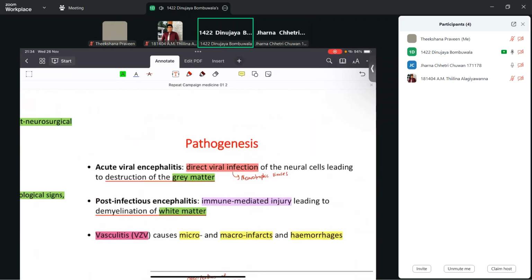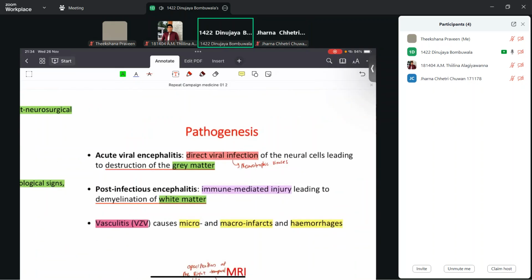Pathogenesis wise, when we talk about the severity of the diseases, this is the complete opposite of meningitis. In meningitis, viral meningitis is not much of a big deal, but the bacterial one is the problematic one. In encephalitis, it's completely opposite.